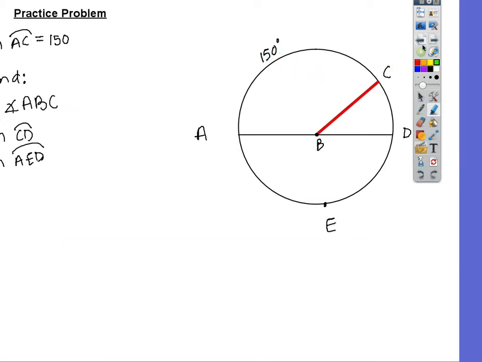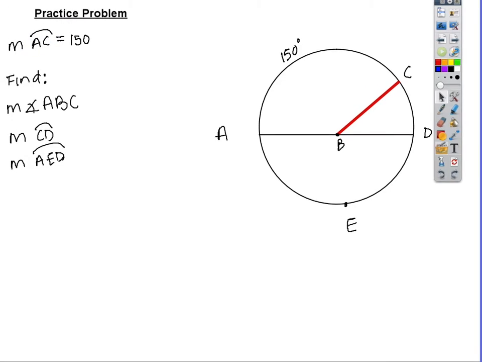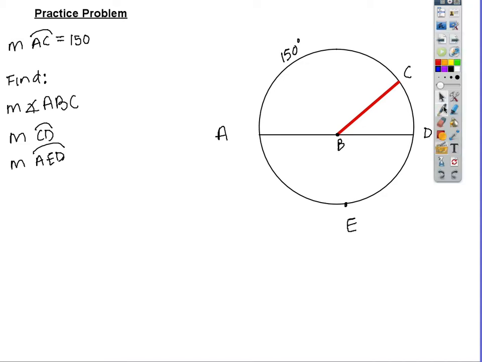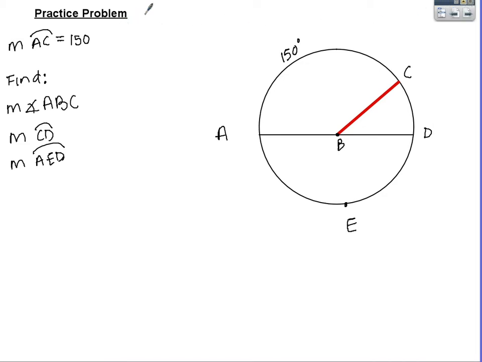So in this problem, we're asked to find the measure of all of these arcs and angles. I'm going to tell you that this is circle B. That is helpful because then B is the center of the circle. It says that the measure of arc AC is 150 degrees.